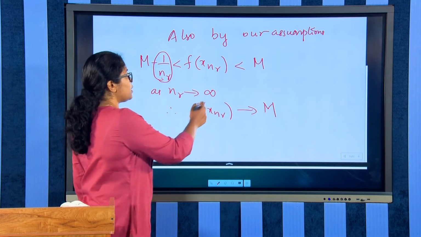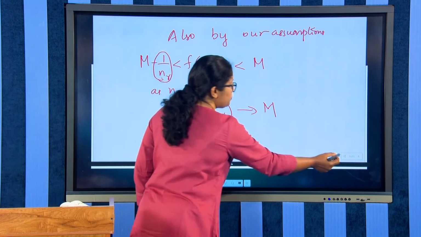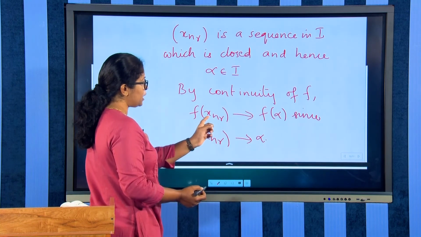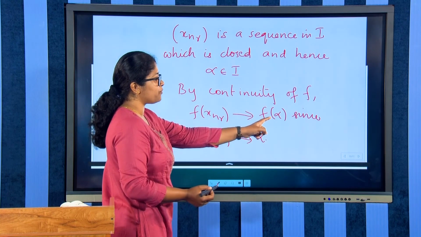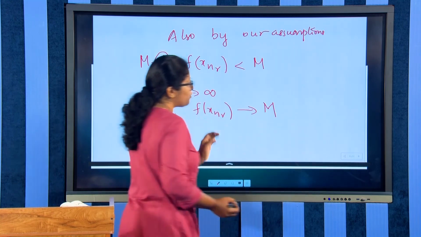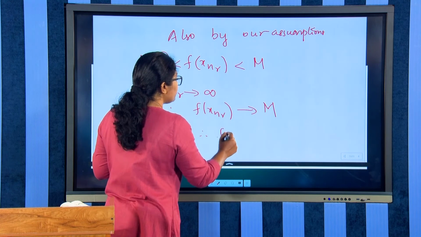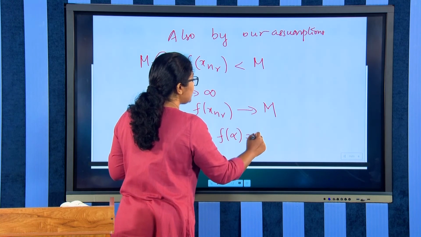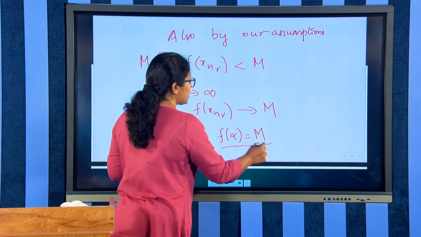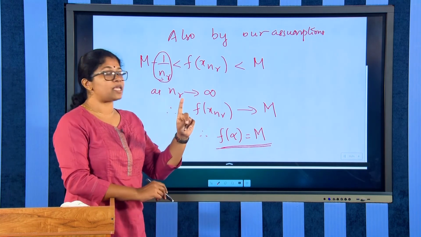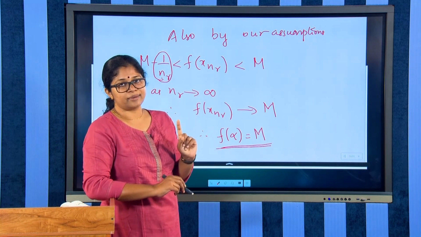So f of xnr goes to m. In the previous slide we have seen f of xnr goes to f of alpha, and now we have seen that f of xnr goes to m. Therefore f of alpha should be exactly equal to m, because there cannot be two limits. The limit, if it exists, should be unique.